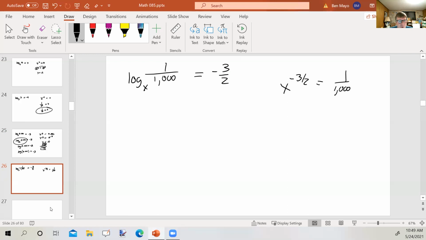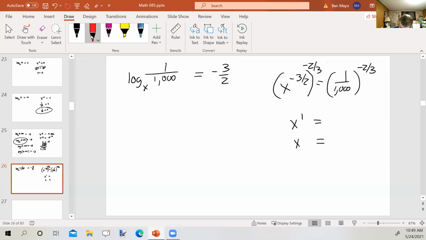Recall that a power raised to a power, you multiply the exponents. So if I want this to be x to the 1 or just x, what would I have to do? I'd have to raise it to the -2/3 power, because -3 halves times -2/3 would equal 1, and x to the 1 power is equal to x.